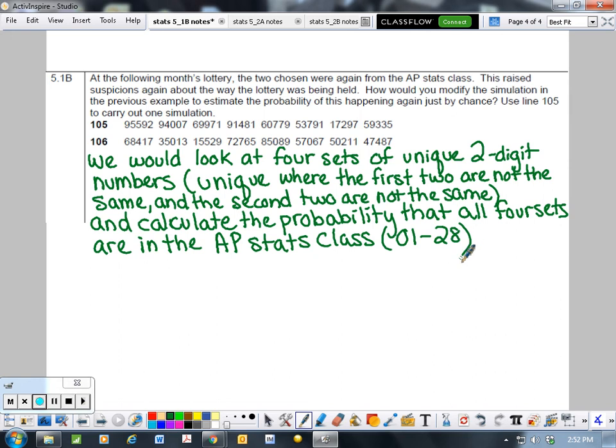So let's look at our first sample. So my first number is 95, and then 59, and then 29, and then 40. So it looks like we only have one of those from the AP Stats class. And so then you can actually write that out.